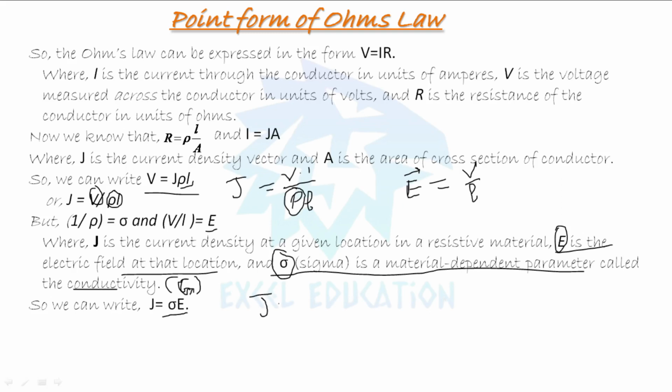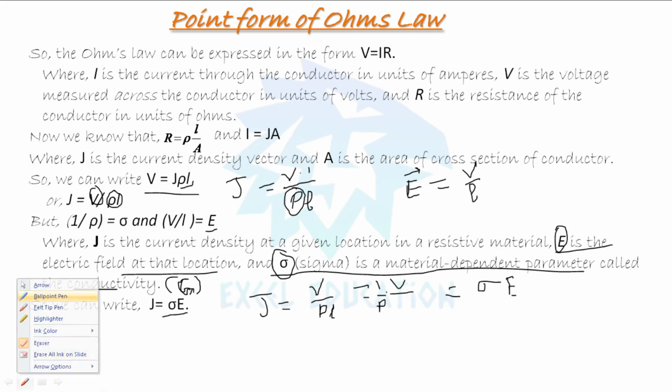We know that J equals V by rho L. Let's write V by rho L as 1 by rho into V by L, that can also be written as sigma E. I made a mistake here, this will be L: 1 by rho into V by L. V by L will become E and 1 by rho will become sigma.